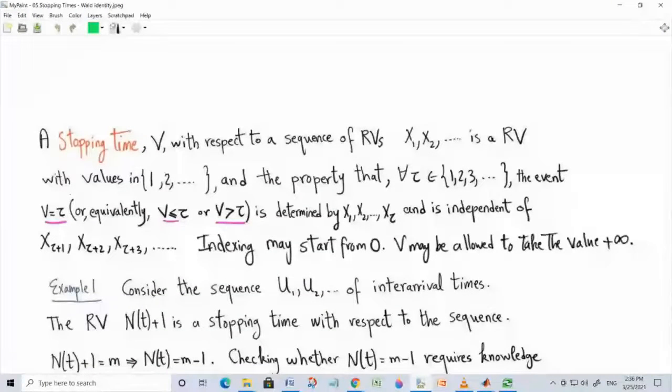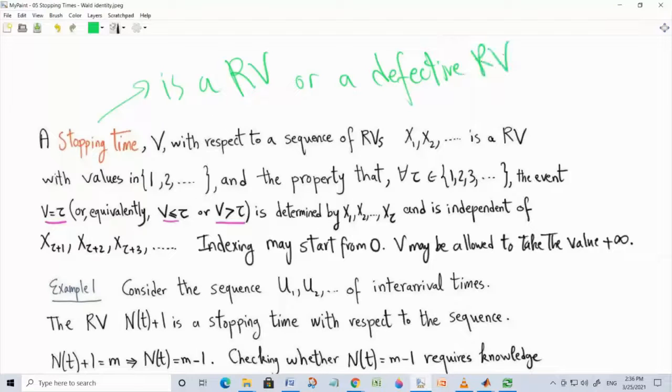A stopping time is a random variable, or a defective random variable, allowed to take the value plus infinity. Now, to define a stopping time, you do not define it in a vacuum. You define it with respect to a given sequence of random variables.